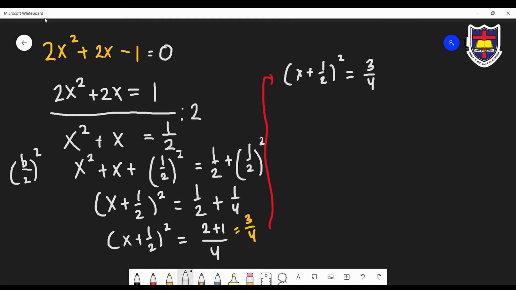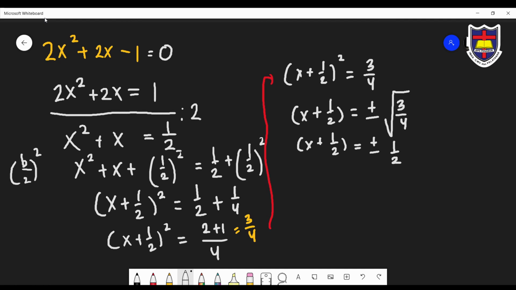So now we will take the square root of both sides. So we have x plus 1/2 equals plus or minus the square root of 3 over 4. Because 4 is a perfect square, we can write it as x plus 1/2 equals plus or minus 1/2 square root of 3.